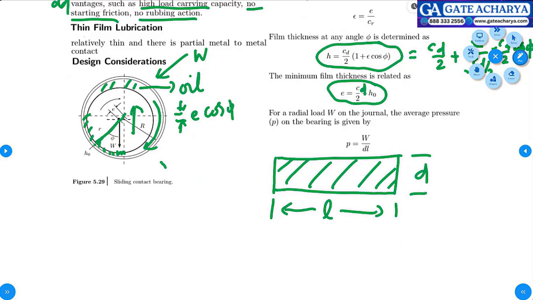You should discuss like this, then only you can understand. Simply learning will not help you. You will not understand the meaning. So two concentric cylinders. One big cylinder, and inside it I'm inserting a small cylinder. A patchy area of contact will come. I'm looking at it radially from outside, so this is how it will look.